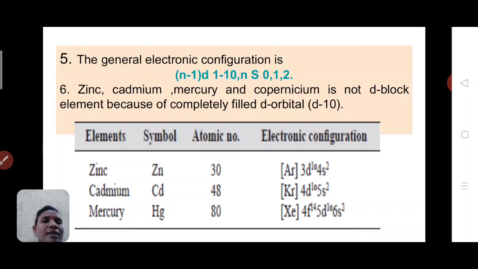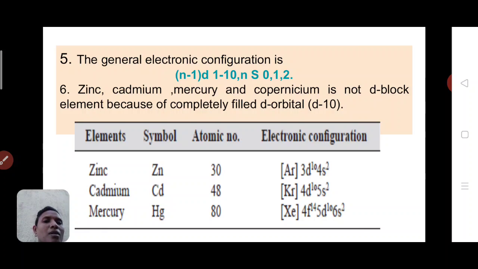See in this picture, zinc, which has atomic number 30, has electronic configuration argon 3d10 4s2. In 3d10, the 10 means d is completely filled. The maximum number of electrons that can be filled in the d orbital is 10.